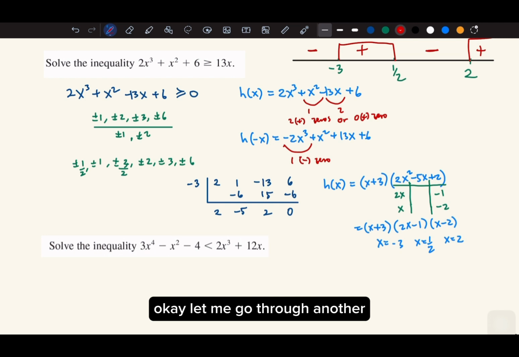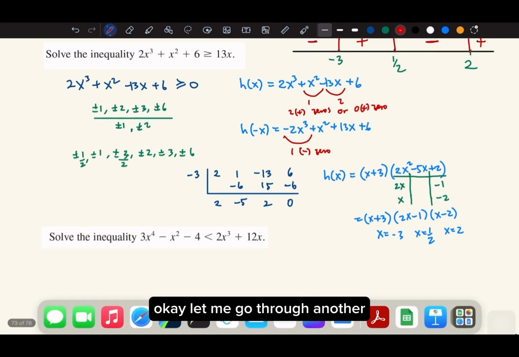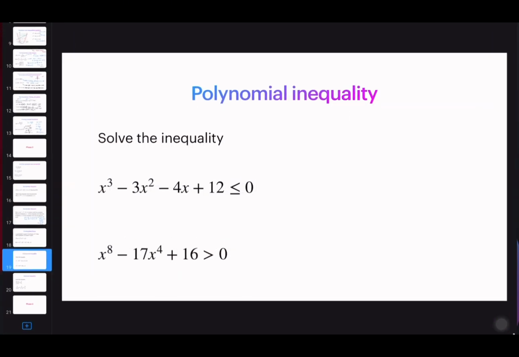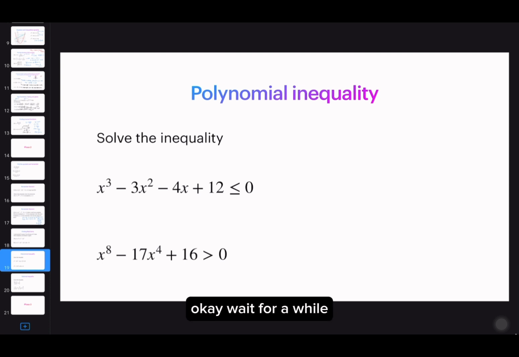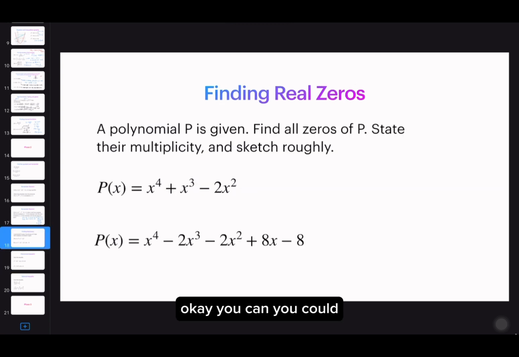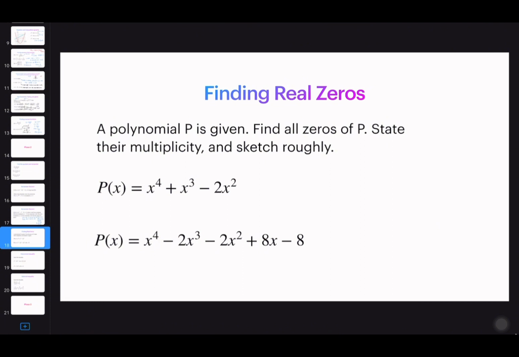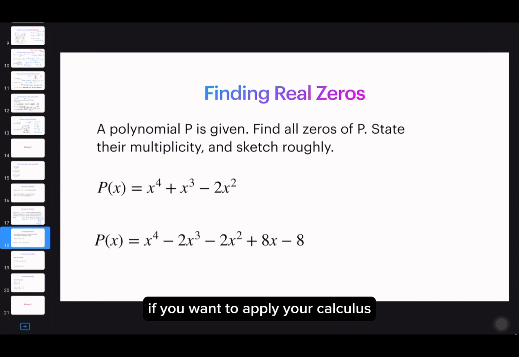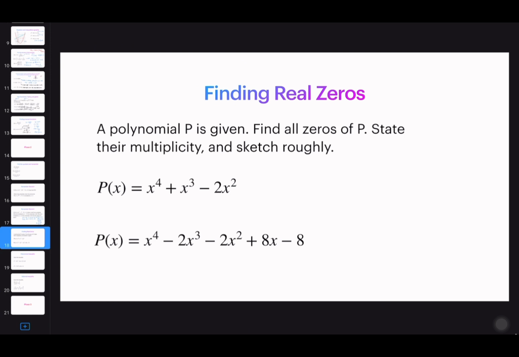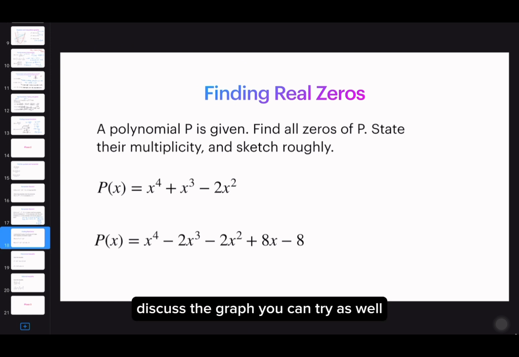Okay, let me go through another. Okay, wait for a while. Okay, if you want to take photos, you can take photos of this. You can try yourself. If you want to apply your calculus to sketch the graph, you can try as well.